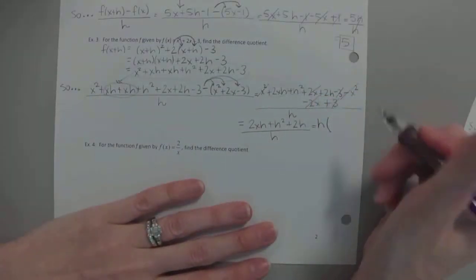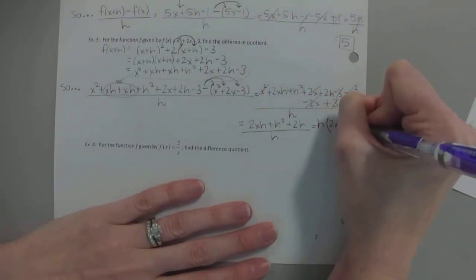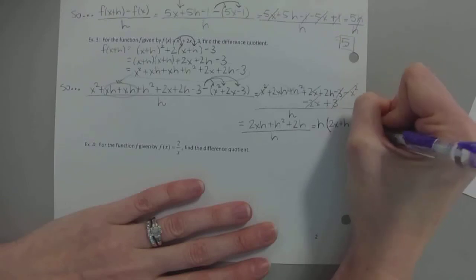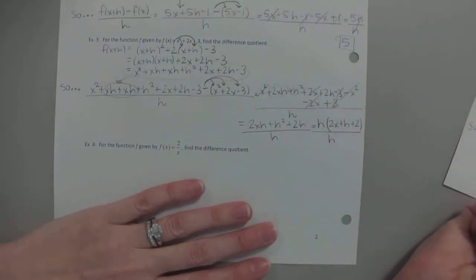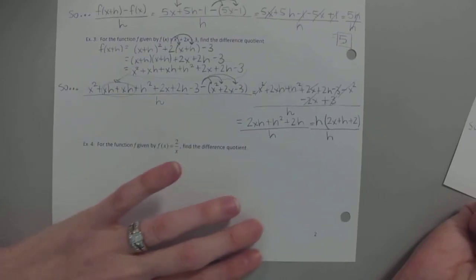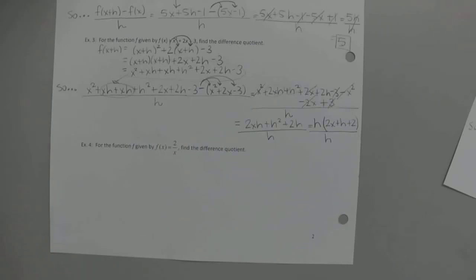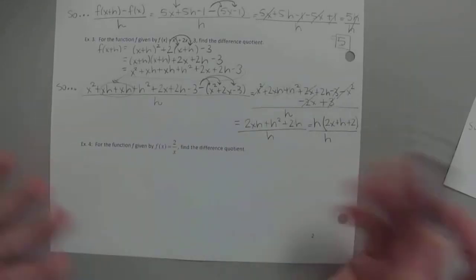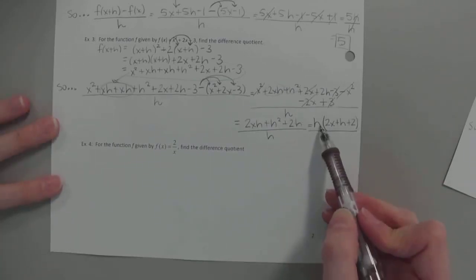The h's will cancel out, but we can't just start scratching them out. What you have to realize is to think about all those factoring rules. What's the GCF we can pull from the top? An h, right? So what we can pull out is an h, and what will that leave us with? 2x plus h plus 2, all over h.